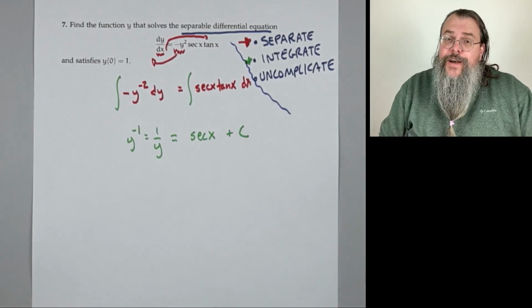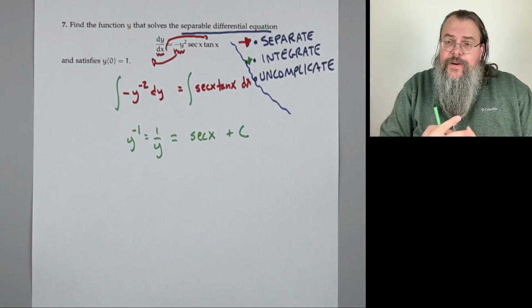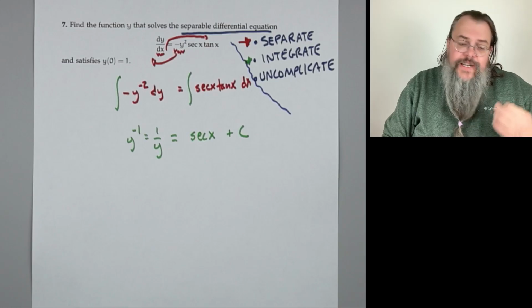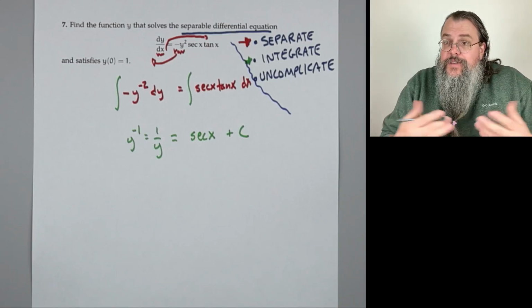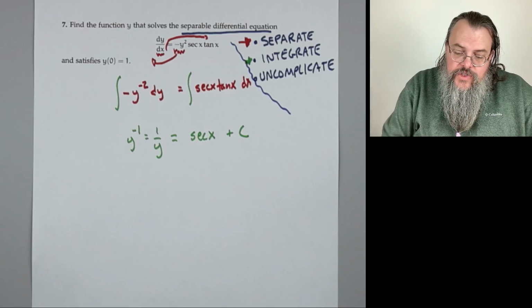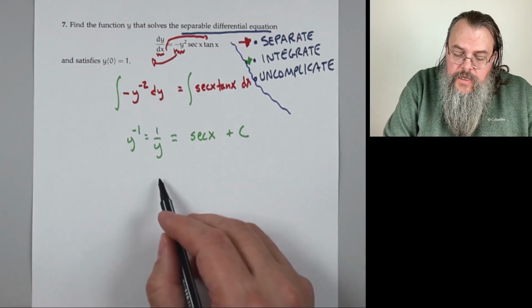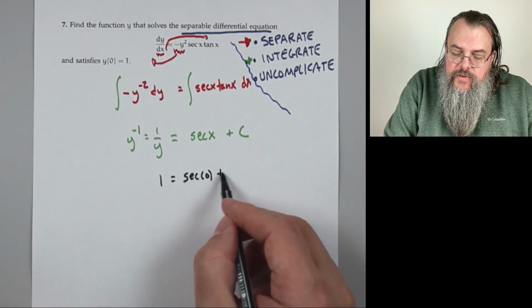Now we come to uncomplicate. And that means we need to solve for y and solve for our constant. Now, we can solve for our constant at any point that's convenient. So is it convenient? Well, let's check. If you plug in x equals 0 and y equals 1, you'd have 1 equals secant of 0 plus c.